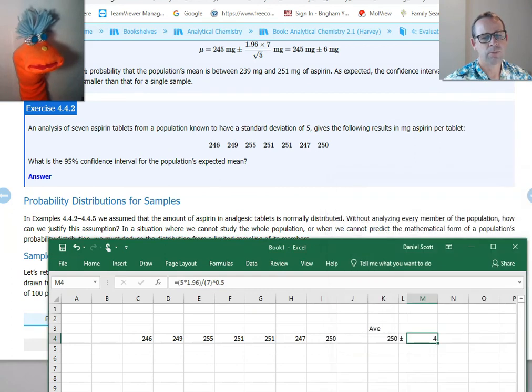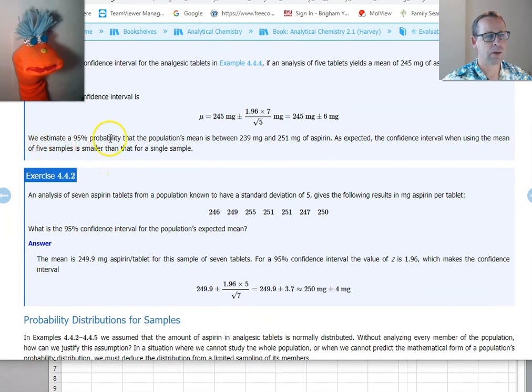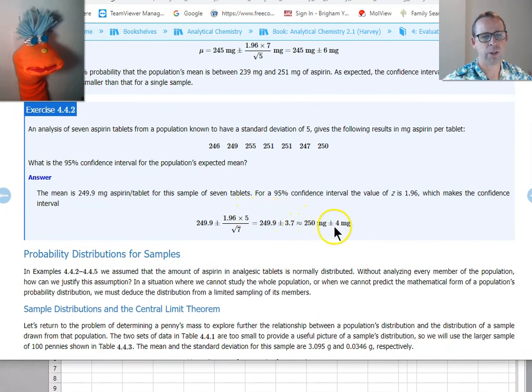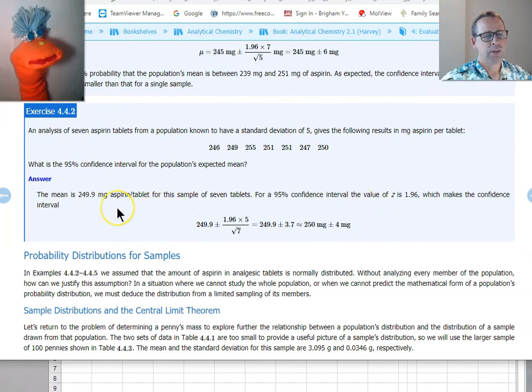So 250 plus or minus 4 should be our answer, and we should be able to say that we're 95% confident that the population's mean is within that distribution, which is 250 plus or minus 4. Okay, very good.